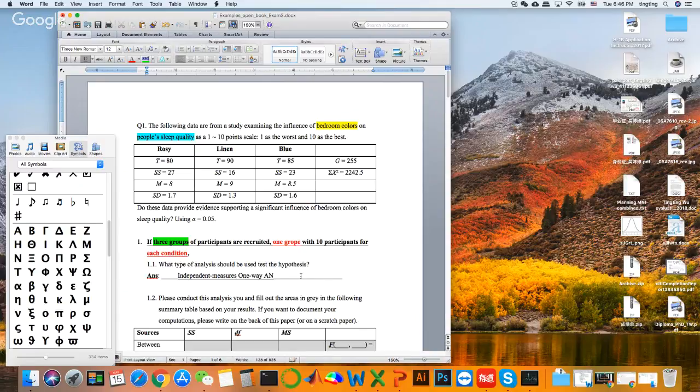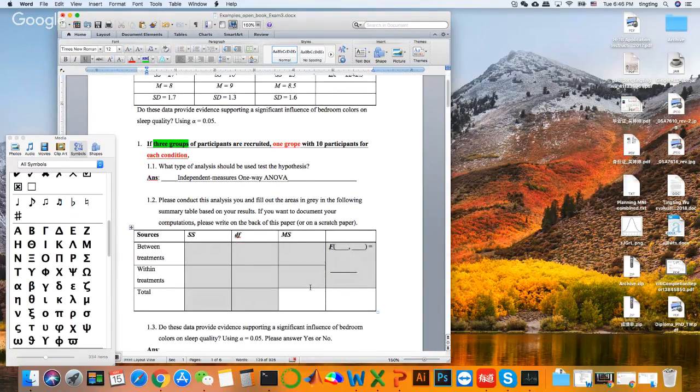One-way ANOVA. So you should write the full term in the exam. Independent measures is because we have different groups of participants in different conditions, right? One-way ANOVA because we just have one factor and more than two conditions, so it's an ANOVA.